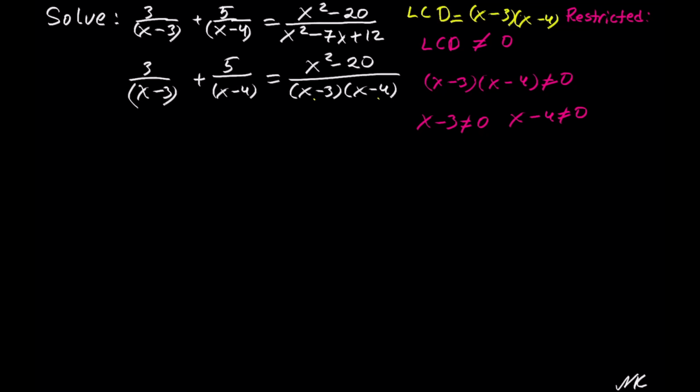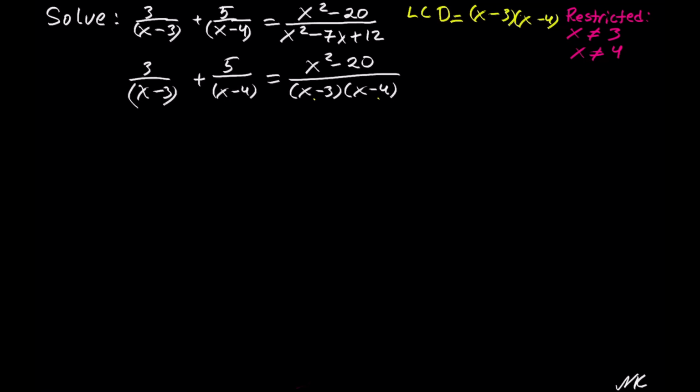Let's solve for x in each of them. So x minus 3, let's add 3 to both sides in the first equation, and we get x cannot be equal to 3. And let's add 4 in the second equation, and we get x cannot be equal to 4. So our restricted values are x cannot be equal to 3 and x cannot be equal to 4.